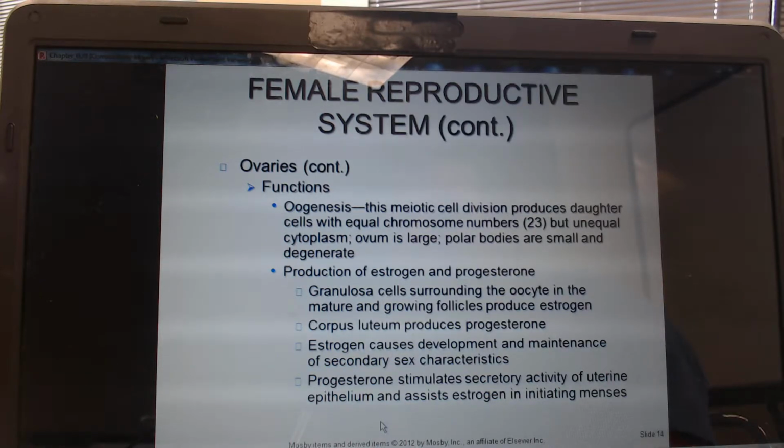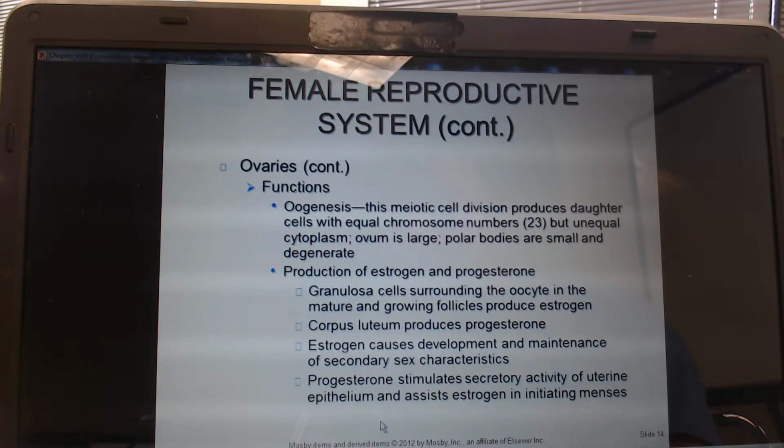There's also a necessity for estrogen and progesterone production in the ovaries, as we mentioned before. Granulosal cells surrounding the oocyte in the mature and growing follicles produce estrogen. And then again, the corpus luteum produces progesterone.